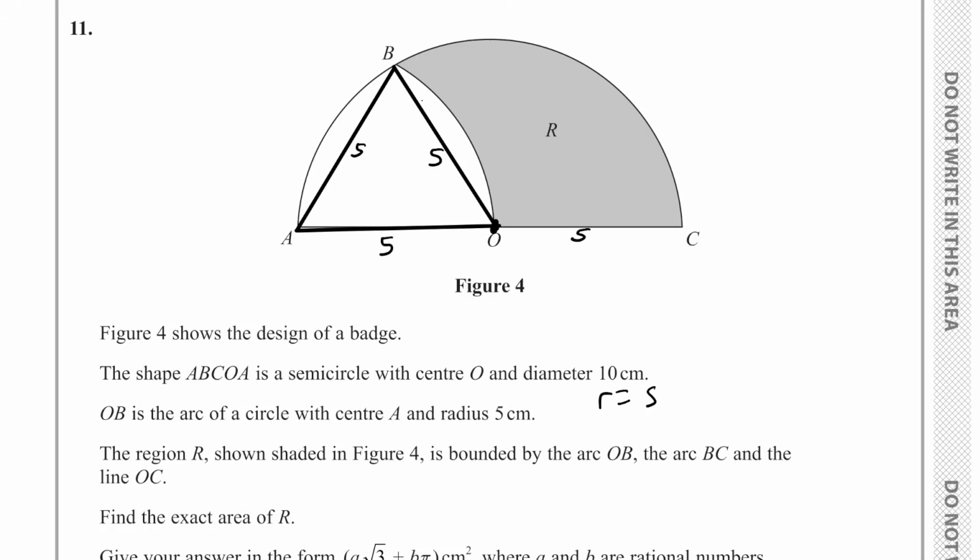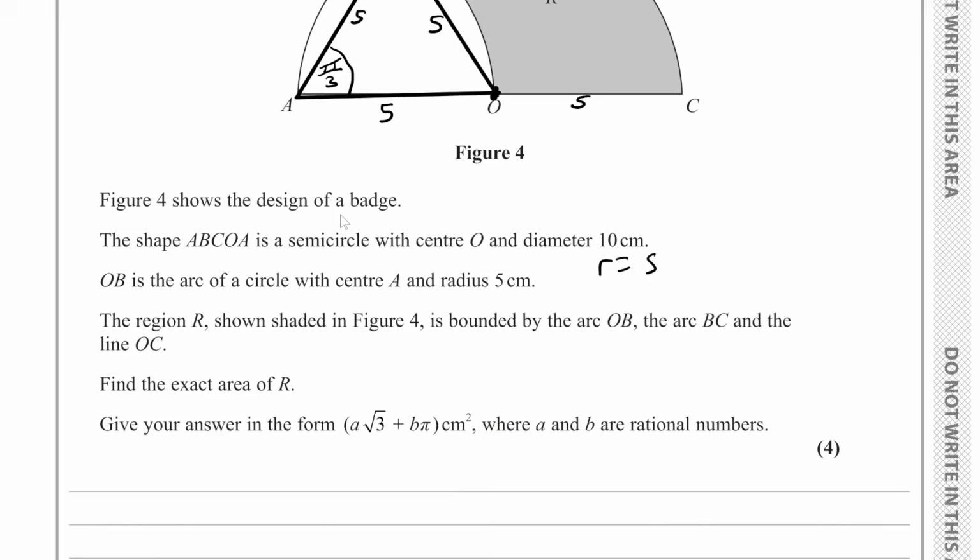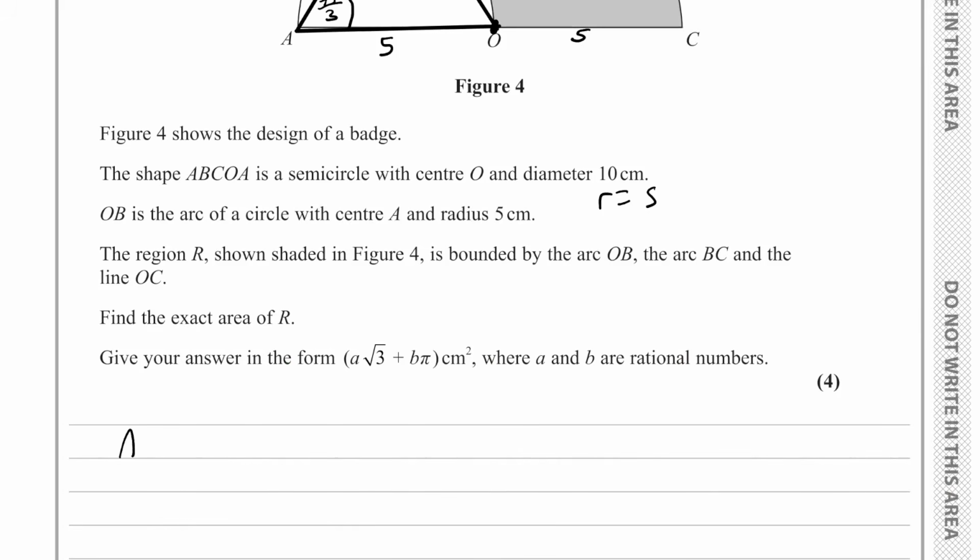So we are in radians. So an equilateral triangle, each angle is 60 degrees or pi over 3 radians. So it's pi over 3. So the area of the triangle is half AB sine C. Area of the triangle is half times 5 times 5 sine pi over 3.